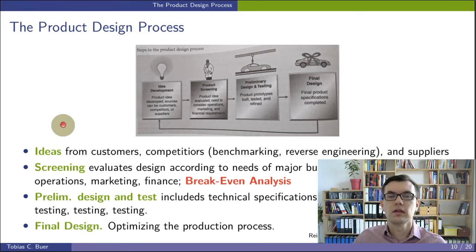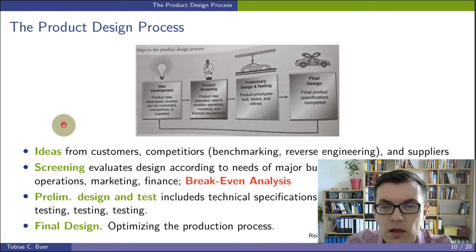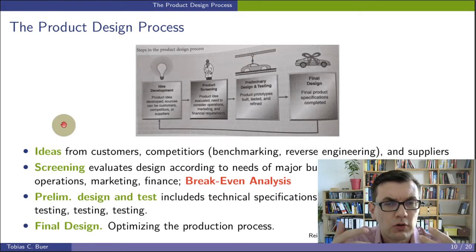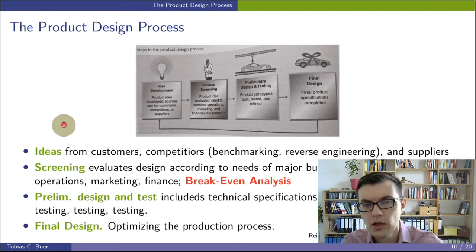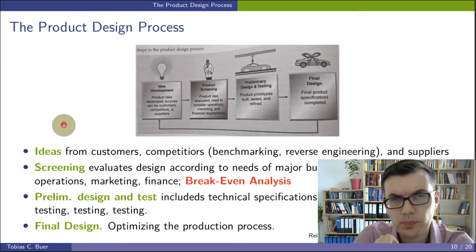Okay, the second step is the product screening. We have a couple of promising ideas. Now, in the second step, in the screening, we try to evaluate these ideas and we try to find out what is the impact on these ideas on major business functions in our company. For example, on the operations.